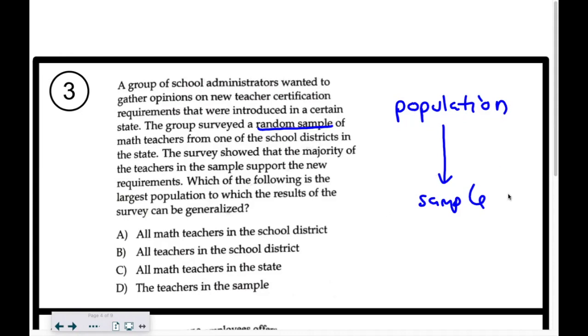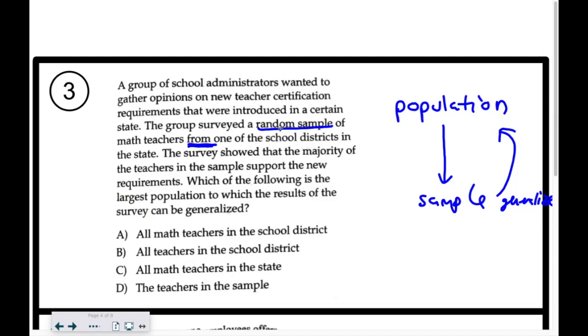So you take a sample, and then from the sample, you generalize something about the population. Well, you can only generalize about the population that the sample has been taken from. So the most important part of these problems is to read carefully. You can skim the part about surveying a random sample of teachers from, boom, this is where I really start to pay attention.